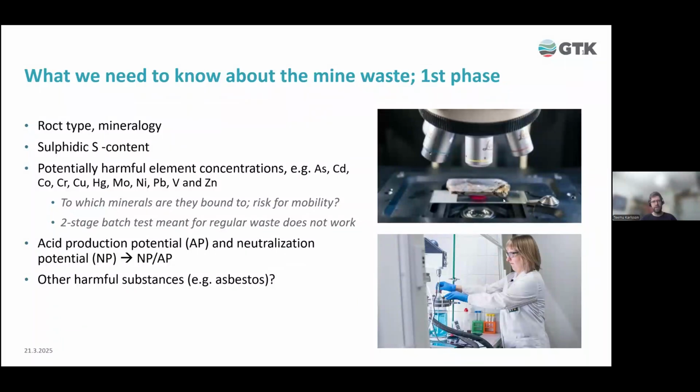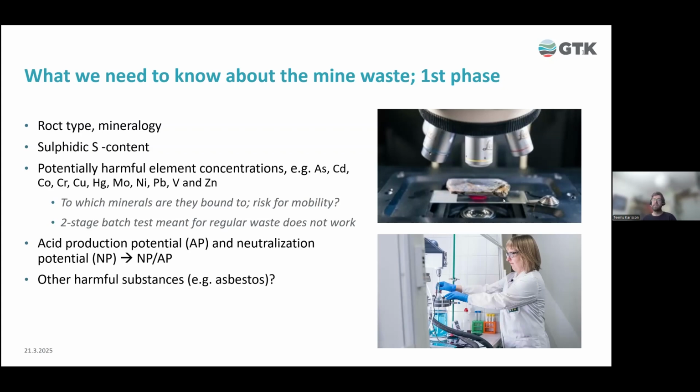You should find out the sulfidic sulfur content. Then the potentially harmful element concentrations. Here are the so-called PIMA elements mentioned. And especially interesting is to find out which minerals these harmful elements are bound to, so you can assess the risk for mobility.